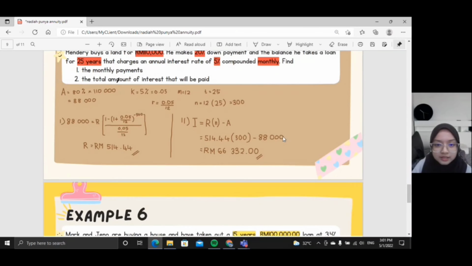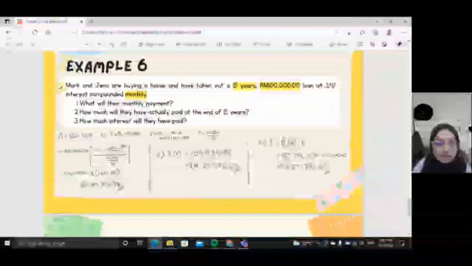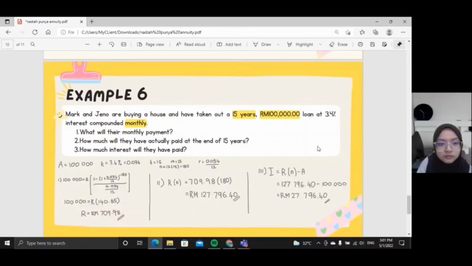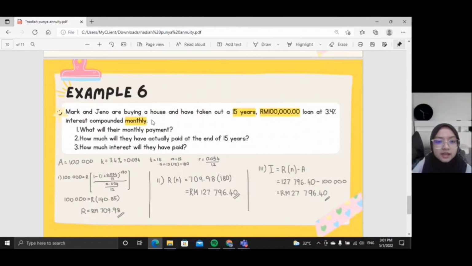Okay, next is example 6. Mark and Geno are buying a house and have taken out a 15-year, 100,000 ringgit loan at 3.4% interest compounded monthly. So the first question is, what will their monthly payment be? We need to find the R. So firstly we need to bring out the important information.